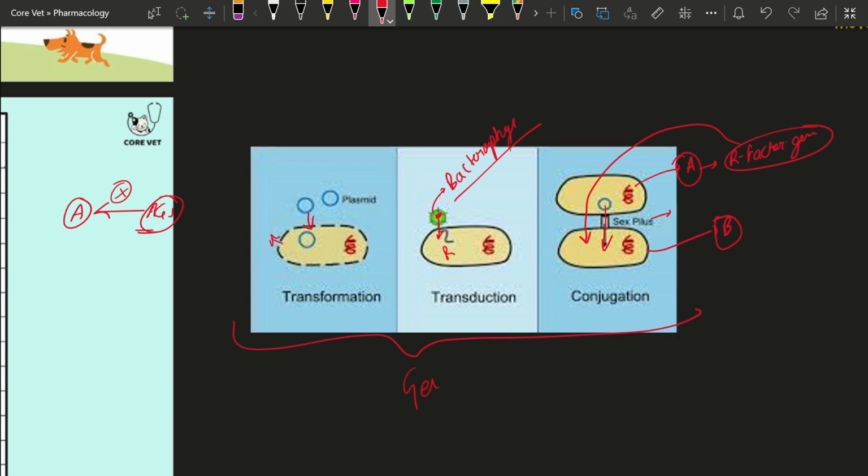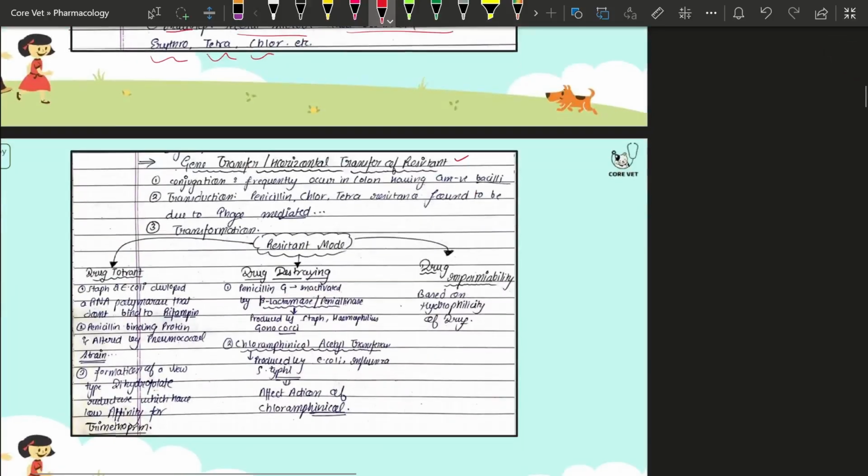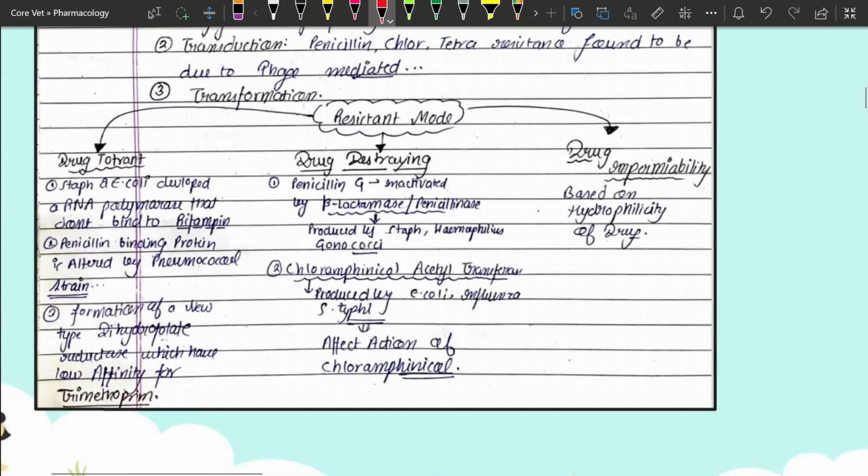So all three of these are gene transfer mechanisms of resistance, or horizontal resistance. I hope this is clear.